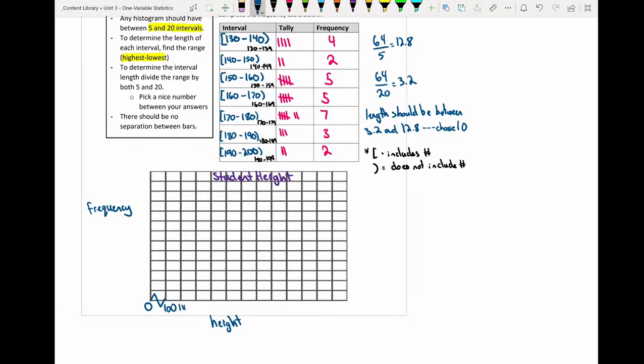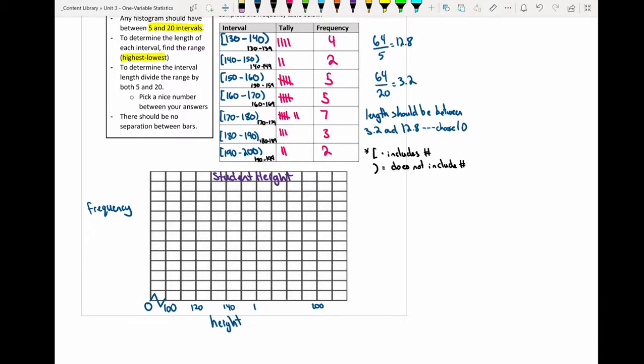So that means 110, 120, 130, 140, 150, 160, 180, 200.